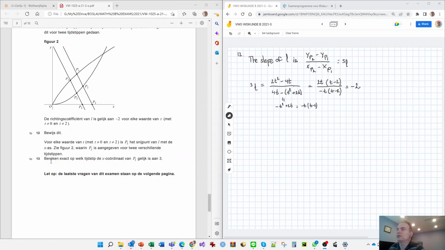Next, question 13. For which time is the x-coordinate of P3 equal to 3?